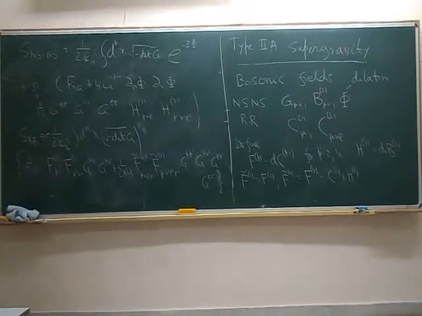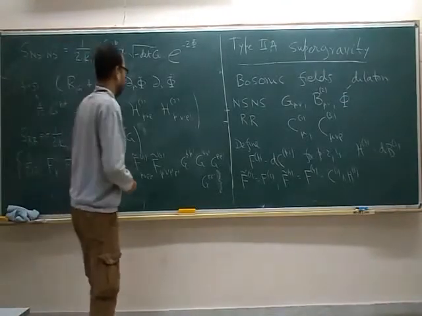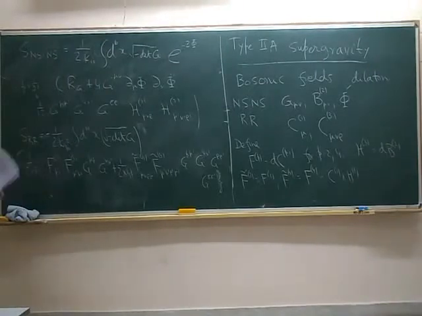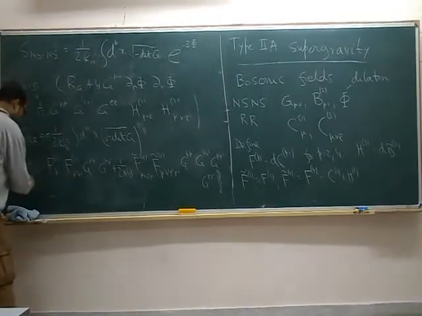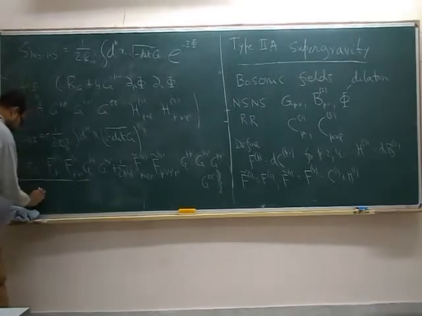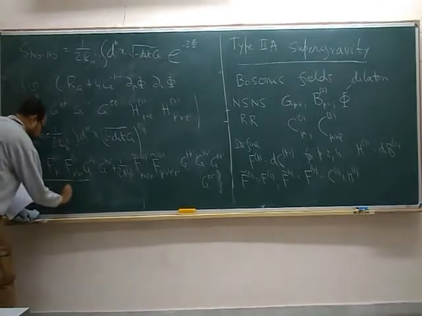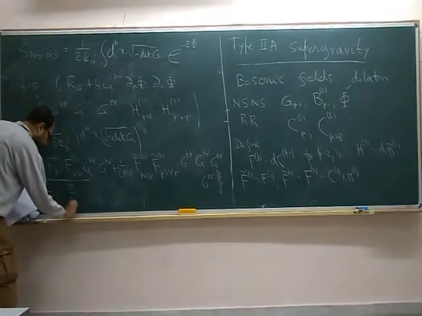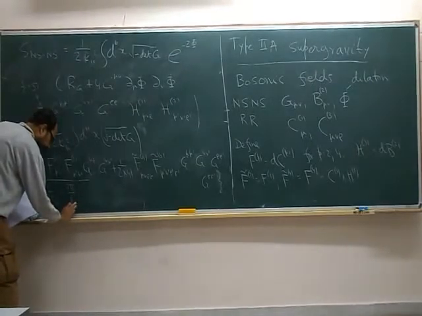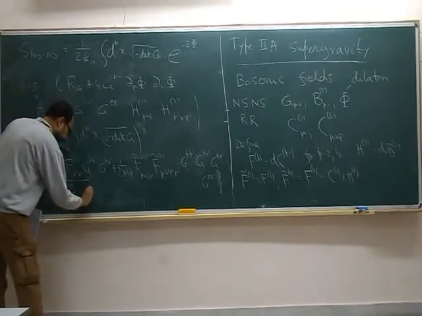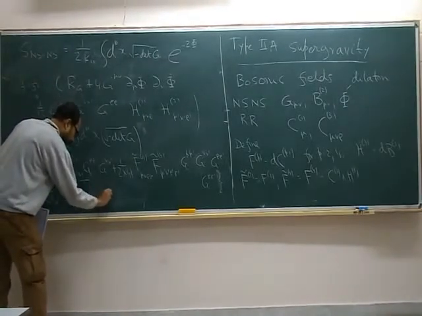Nevertheless, it is useful to fix it, and we will be using the normalization 1 over 2 kappa 10 squared as 2 pi over ls to the power 8. What is ls? ls is 2 pi square root of alpha prime.